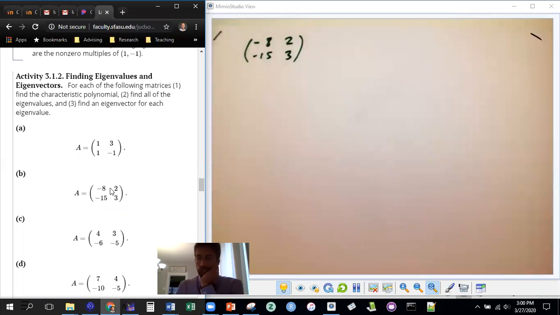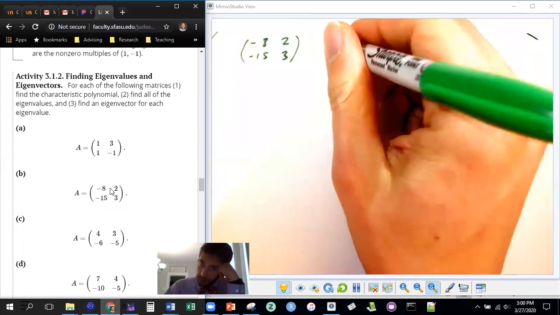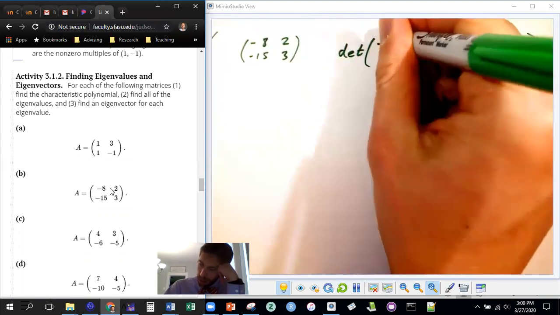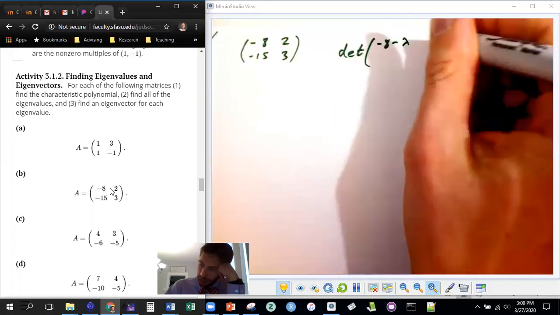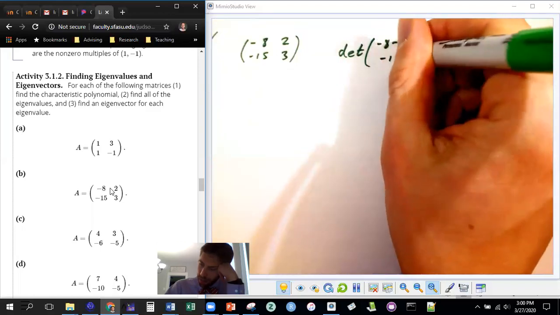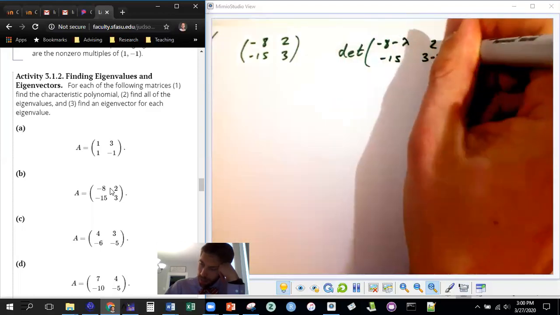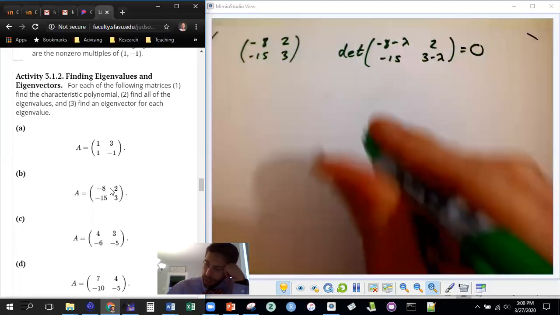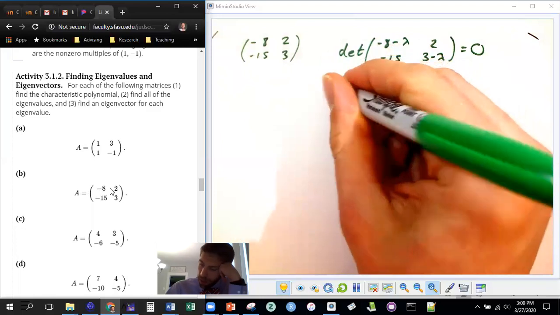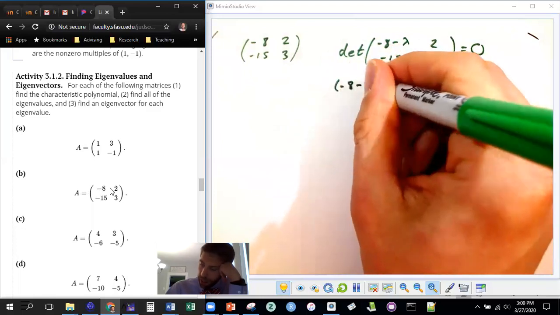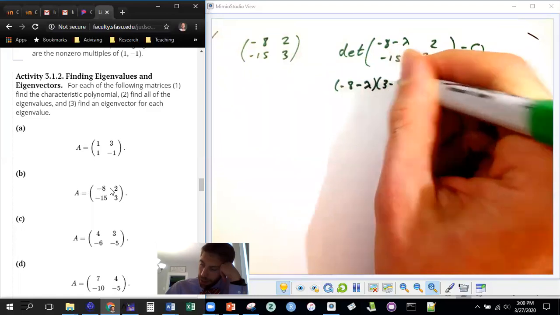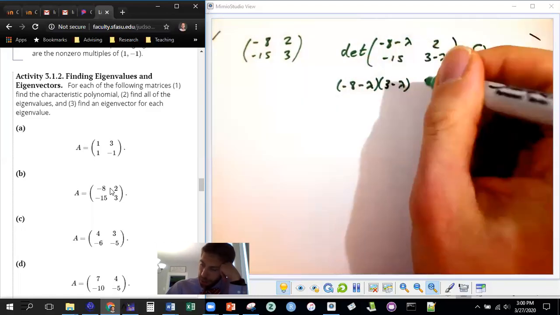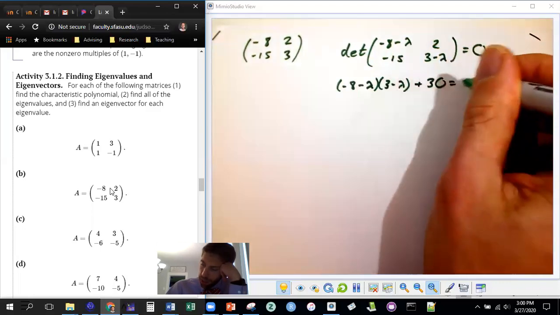Then we do this equation: the determinant of that matrix minus lambda on the diagonal equals 0. The determinant is the regular diagonal, (-8 minus lambda) times (3 minus lambda), and then minus that, but that's really minus negatives, plus 30 equals 0.